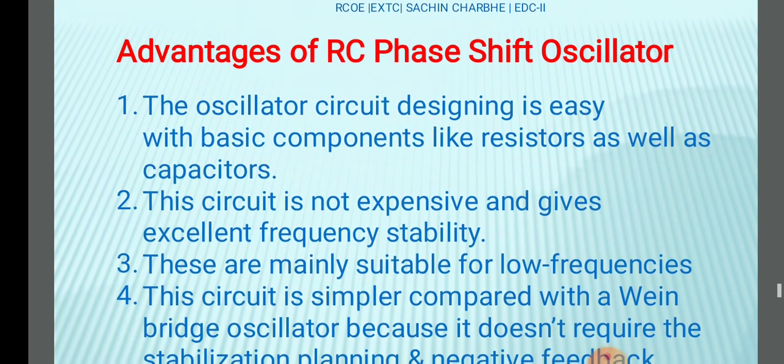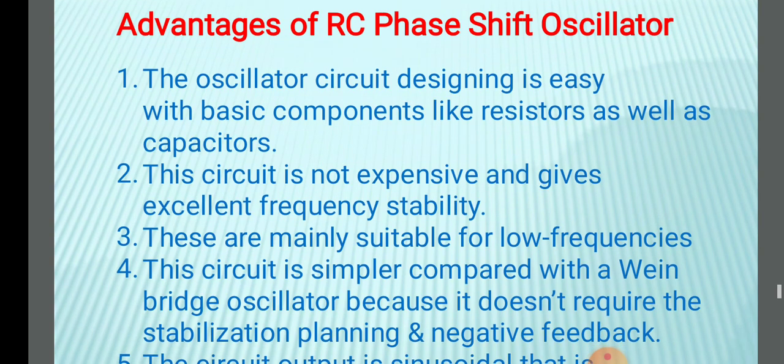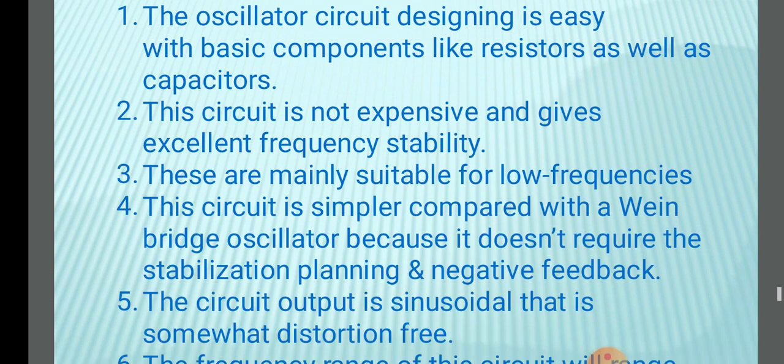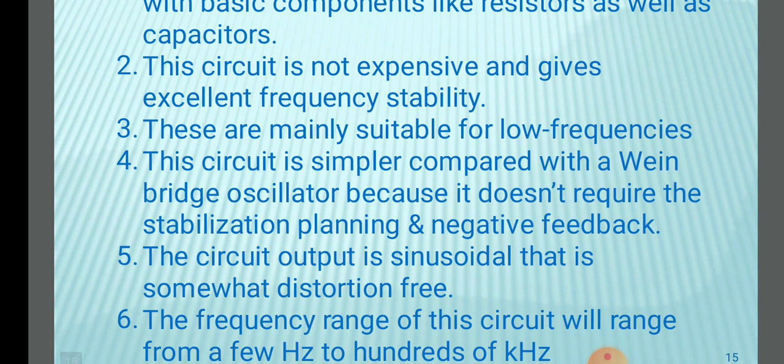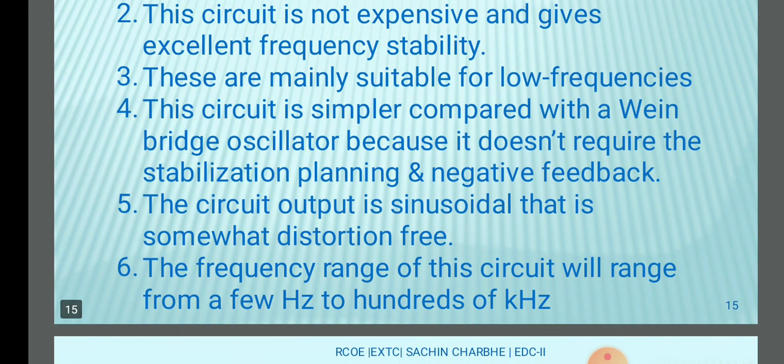Now the advantages of RC phase shift oscillators, the generalized advantages. First, oscillator circuit designing is easy with basic components like resistors as well as capacitors. Second, this circuit is not expensive and gives excellent frequency stability. Third, these are mainly suitable for low frequency, which we already studied in the previous lectures, according to the frequency-wise chart.